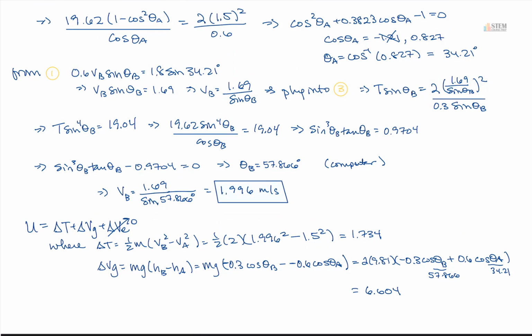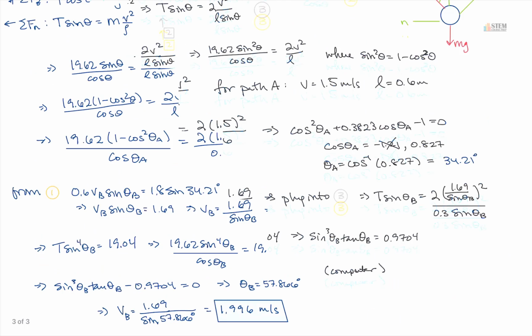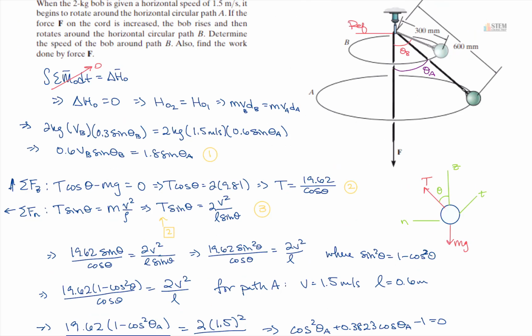And then last thing we need to do, since I've got everything on the right side, I need to look at U. Now remember, in order to have work done by a force, you have to have a force and a displacement in that same exact direction of the force, which we do have in this case, right? Because we have a force in a vertical direction, and then the masses are moving in a vertical direction. Okay, so there is definitely work there.